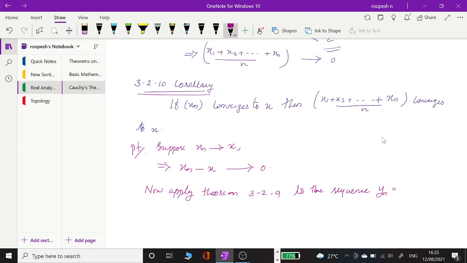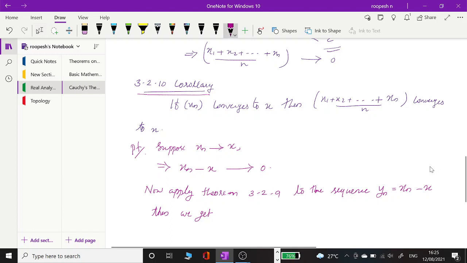yn equal to xn minus x. Then we get, what do we get? Xn minus x. So x1, x2, x3, etc. minus x will come.